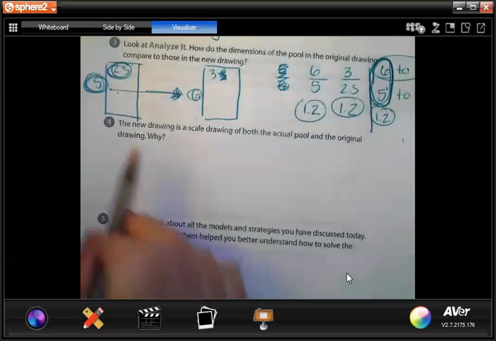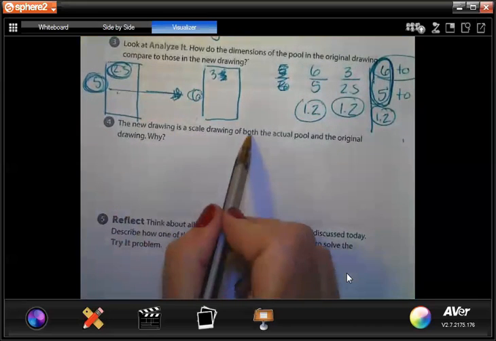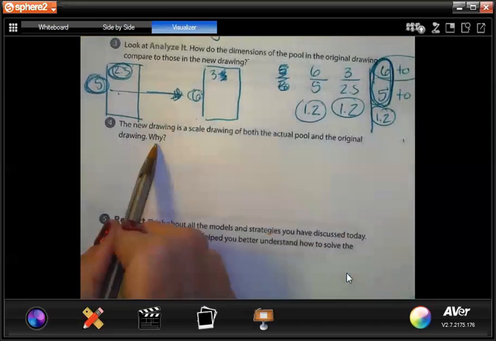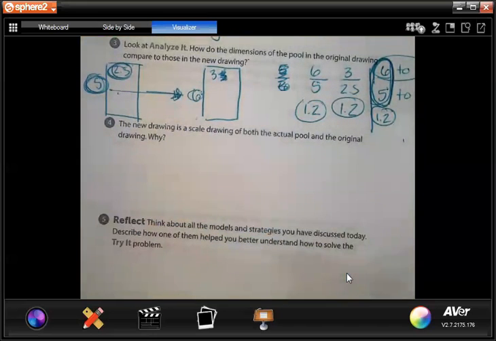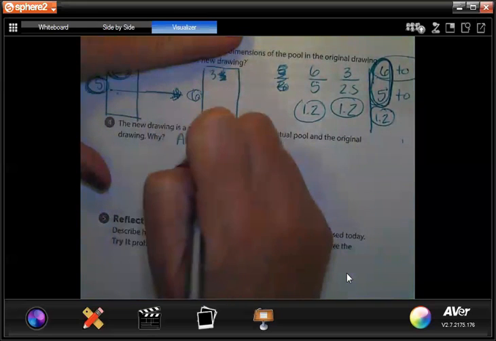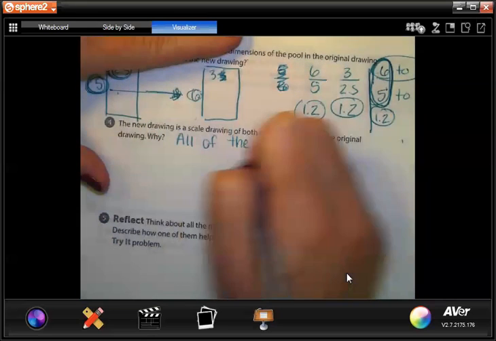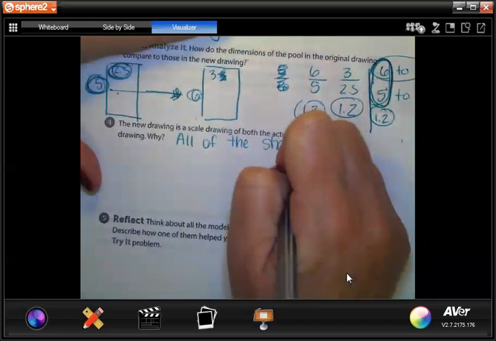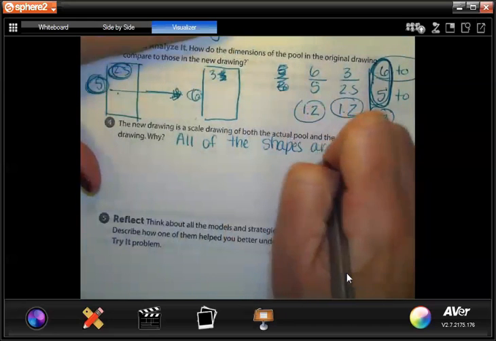Now, the new drawing is a scale drawing of both the actual pool and the original pool. Why? Because all of these shapes are the same.